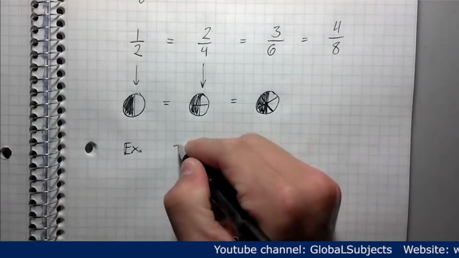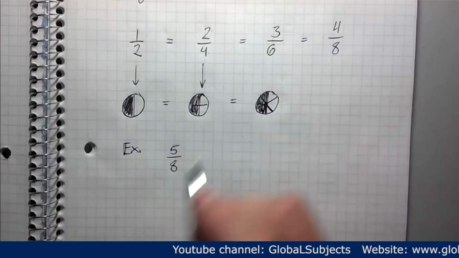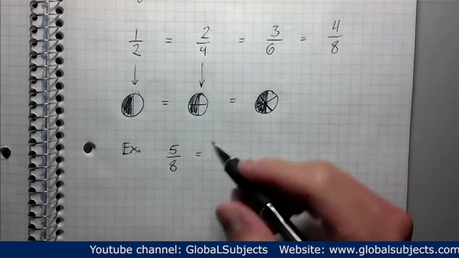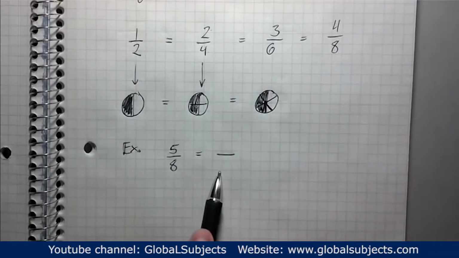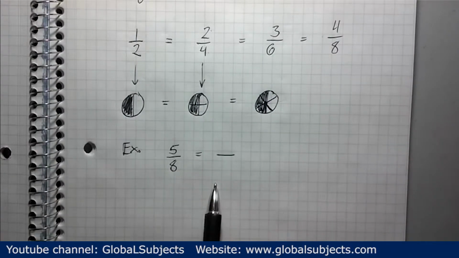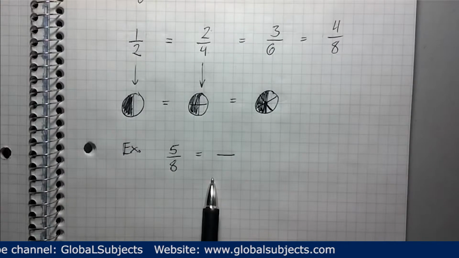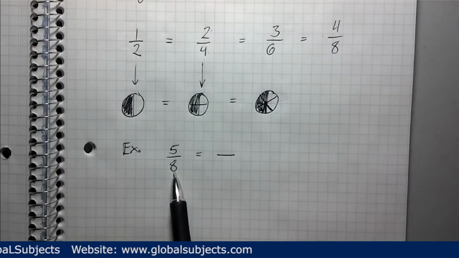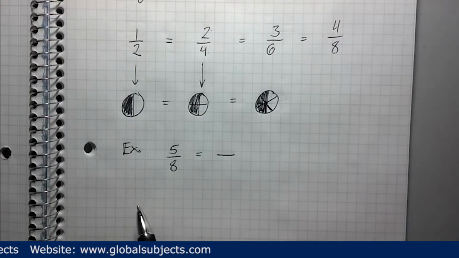If I said, find an equivalent fraction of 5/8. 5/8 equals something, right? We need to find an equivalent fraction that's the same as 5/8. Well, one really easy way to do that is to just pick a number, any number, and then multiply the top and bottom of this fraction by that same number. So how about 3?